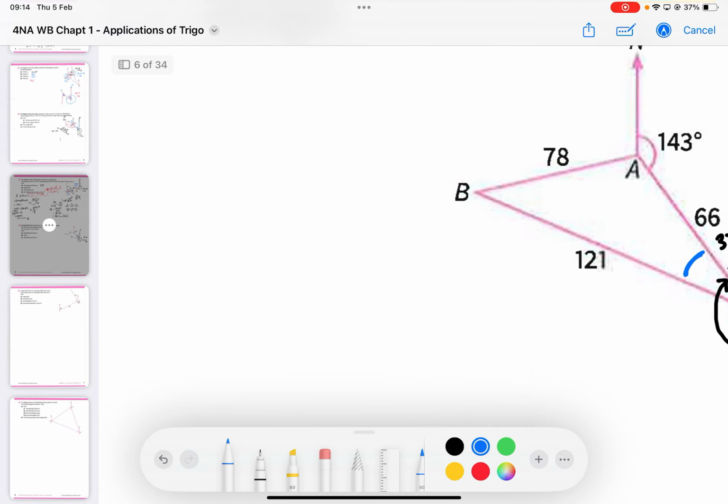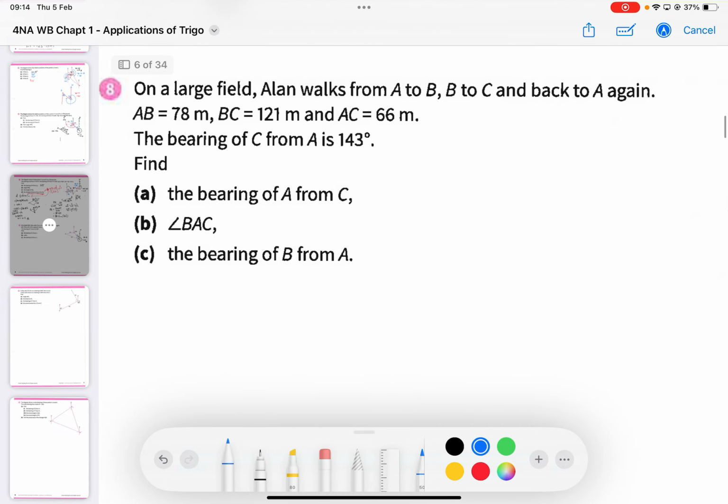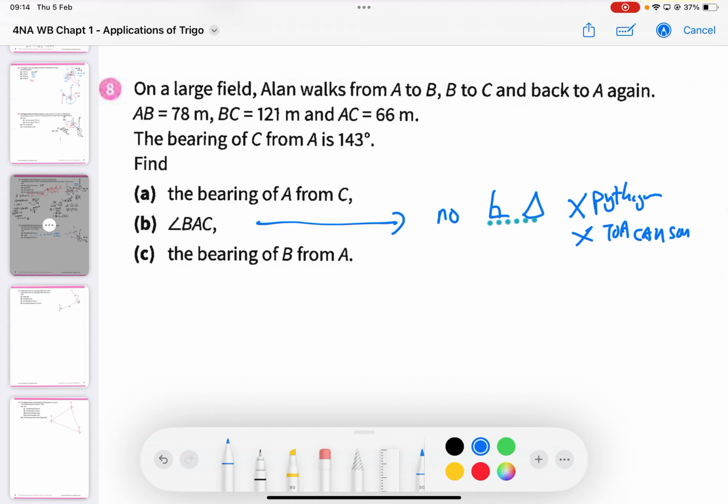So the thinking is, this triangle has no right angle, so it cannot be Pythagoras, cannot be Tuakaso. Then I start to think, can it be sine rule?